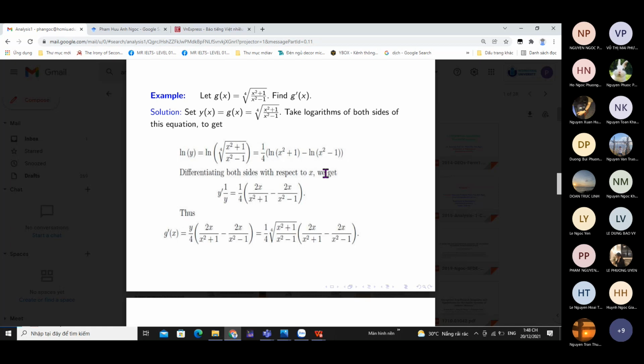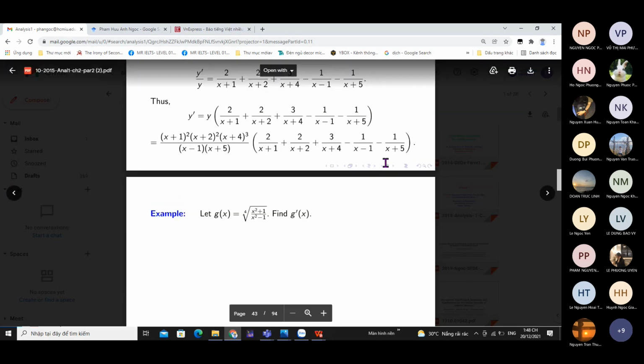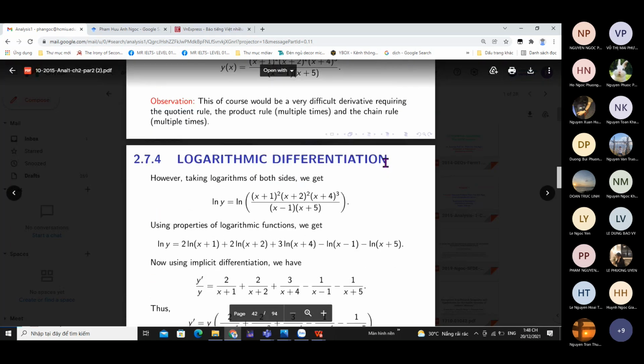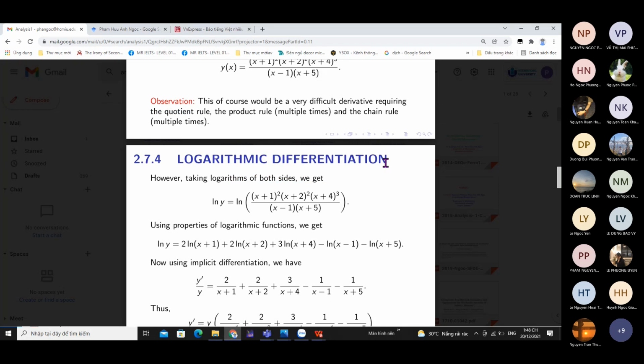Similarly, you have the derivative of x squared minus 1. So y prime gives you y times 1 over 4 times 2x over x squared plus 1 minus 2x over x squared minus 1. And you get the derivative of the function g easily. This technique is called logarithmic differentiation.